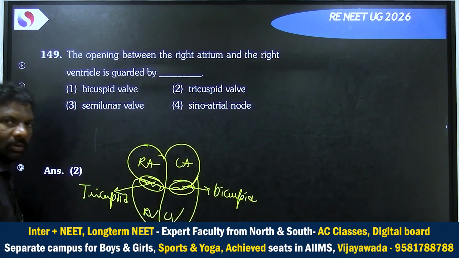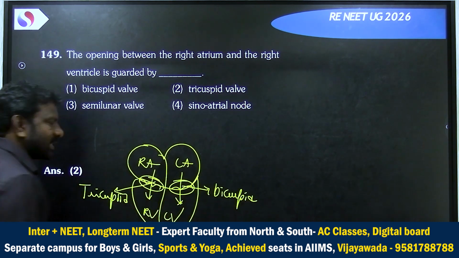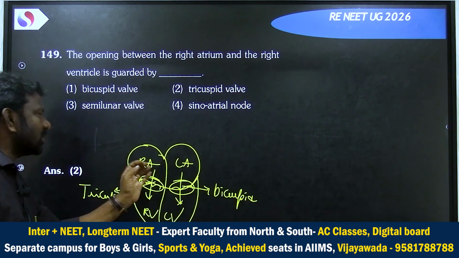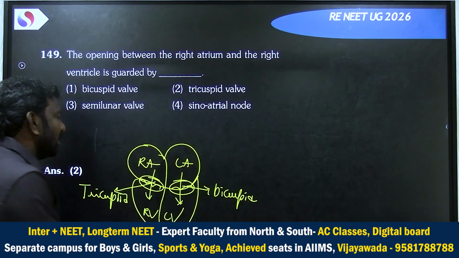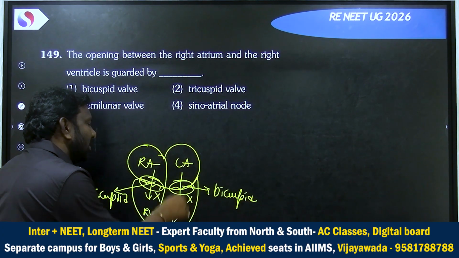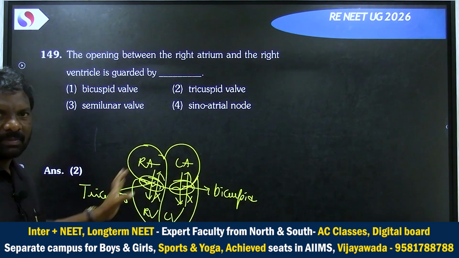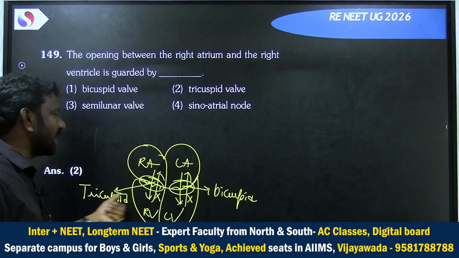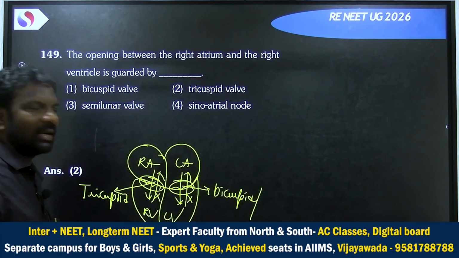These valves allow flow in only one direction, blood flowing from atria to ventricles, and prevent the back flow of blood from ventricles to atria. That's why they are called tricuspid and bicuspid valves. The bicuspid valve's other name is the mitral valve.